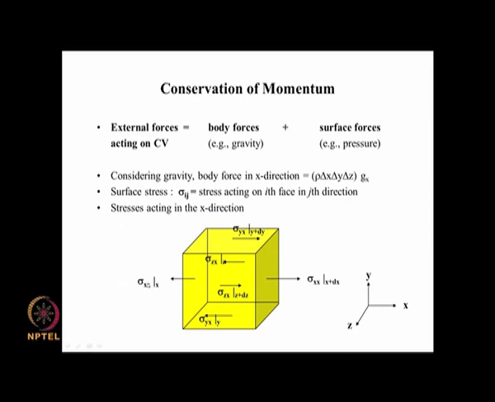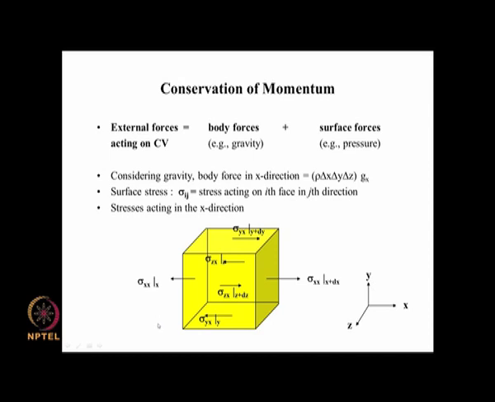Now, the area of the top face is delta z delta x times sigma yx at y plus delta y, and that is acting in the positive x direction. And the bottom face has the same area delta z delta x times minus sigma yx at y, minus because it is acting in the negative direction.